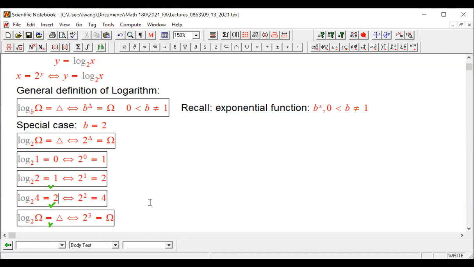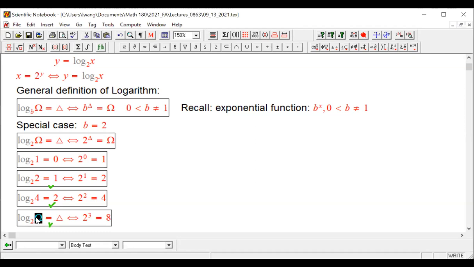So the introduction of logarithm is really the exponential function spoken in other words. You follow me? And the last one, 2 to the power 3, what does that equal to? 8.